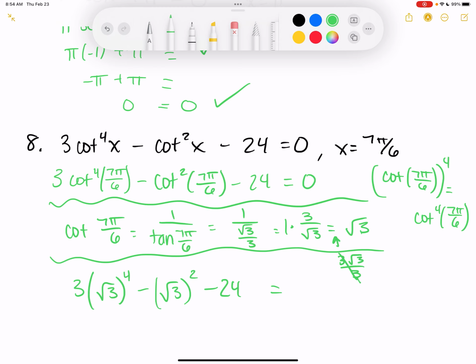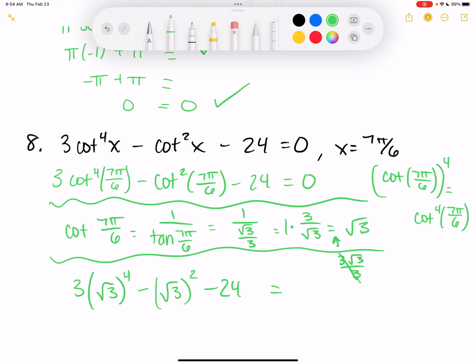Where you did on the side with the fourth power thing, is that part of the problem, or were you just showing them? No, I was just showing you why I can rewrite it this way. Okay. Because some people get confused that this is cotangent to the fourth of this, but really, it's cotangent of that all raised to the fourth.